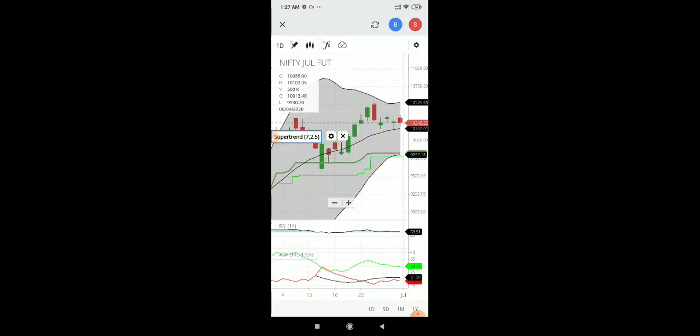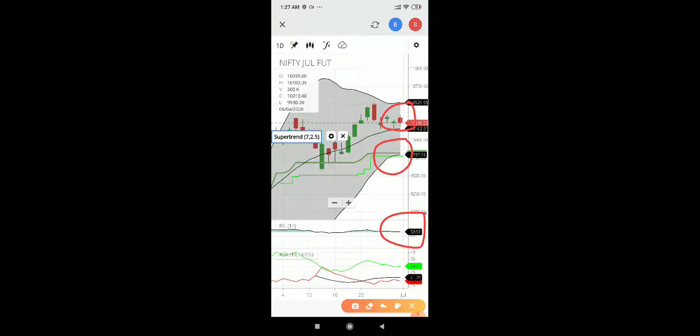Here it's clearly visible that super trend and ATR trailing stop loss lines are below present closing price. RSI also above 55. It's nearing 60.